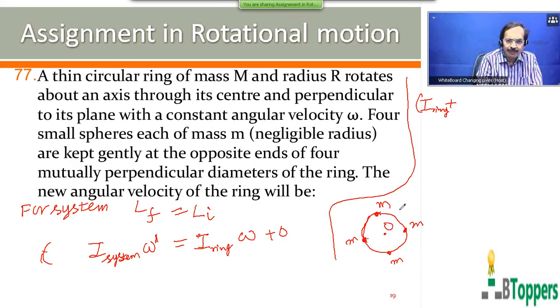The system is rotating about the axis perpendicular to the plane of the diagram and passing through center O. So the moment of inertia of each small sphere about the center of the ring will be m r square. So the total moment of inertia of the 4 spheres will be 4 m r square.